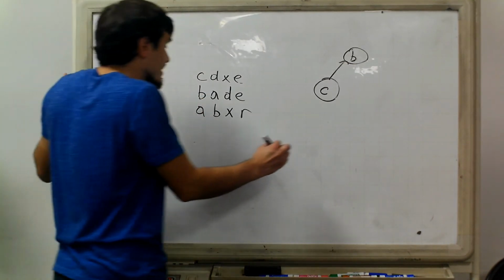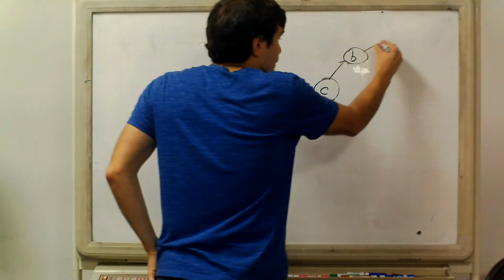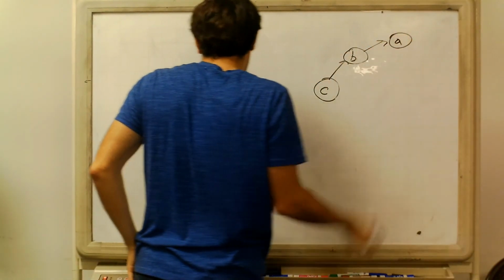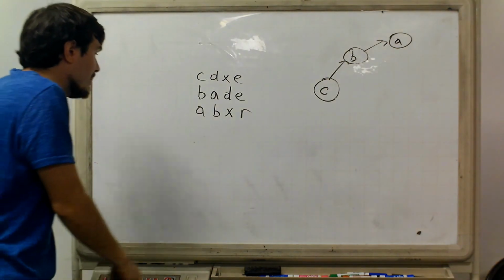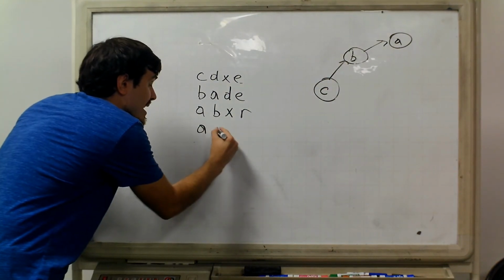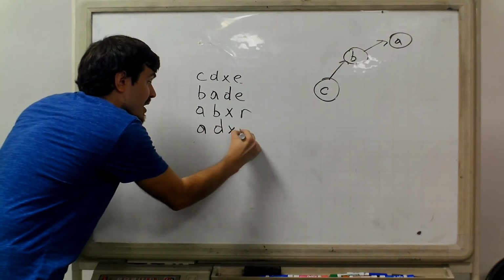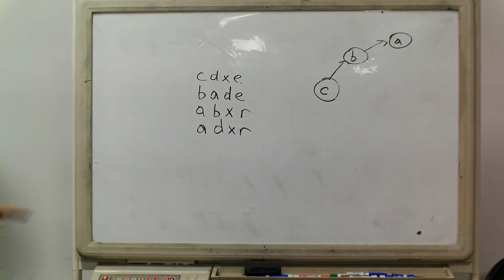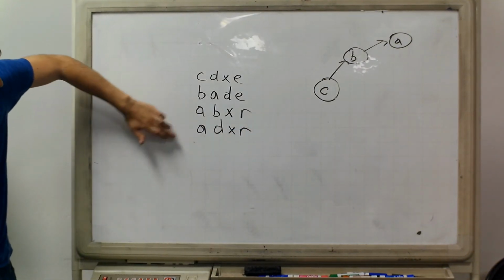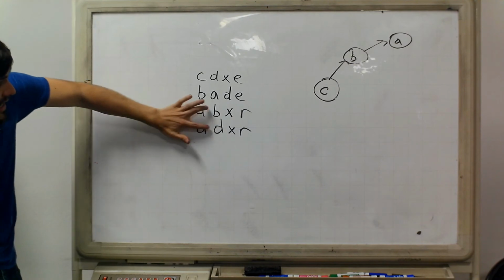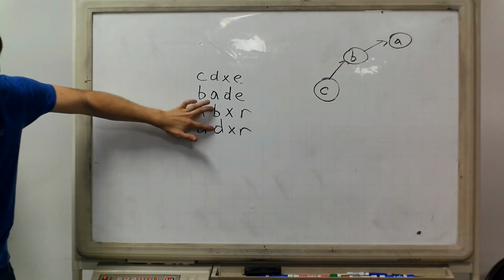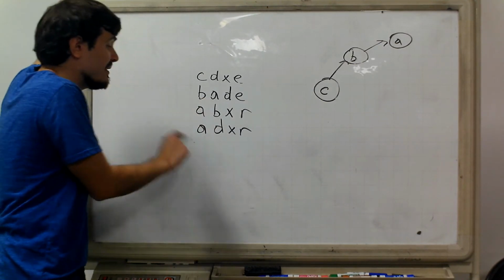This one tells us that B comes before A. And then maybe we have another example that says A, D, X, R, for example. What we would have to do is compare the letters between these examples until we find one that differs, because that's where the information is.